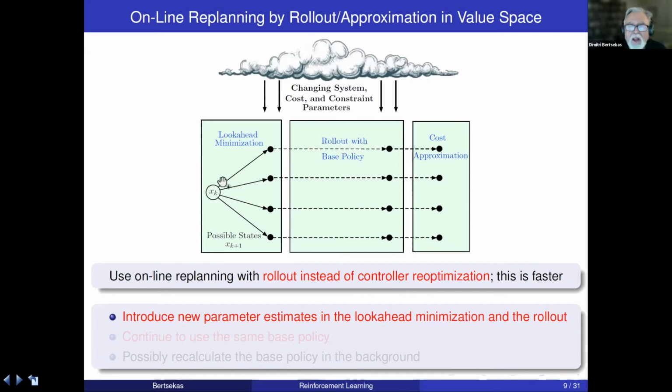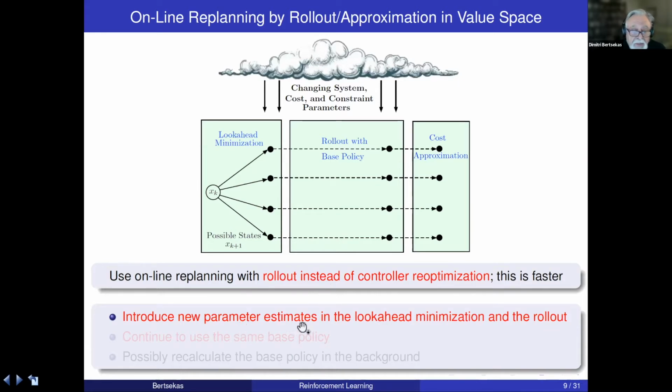And now the control algorithm is not optimal, it does not re-optimize, but does something suboptimal, which is approximation in value space. Uses an AlphaZero type of algorithm, whereby it looks ahead for several steps from the current state where it is, then uses a base policy and does rollout with that, and then uses a cost function approximation at the end. Now, this in many cases, most cases, is faster than online replanning with re-optimization.